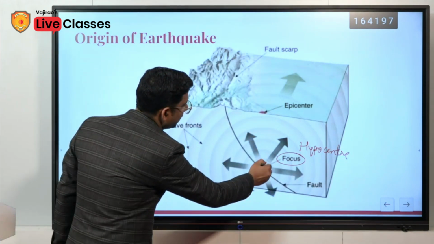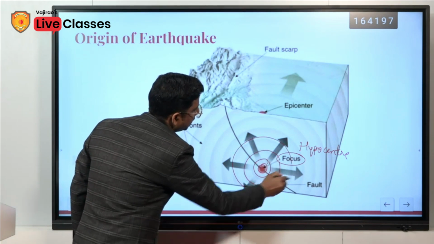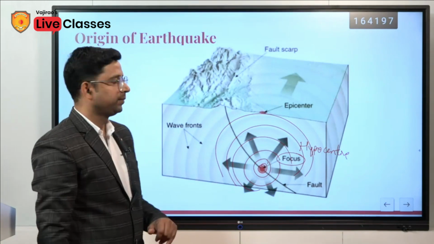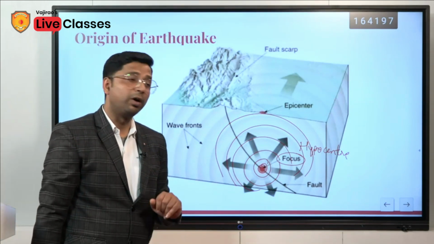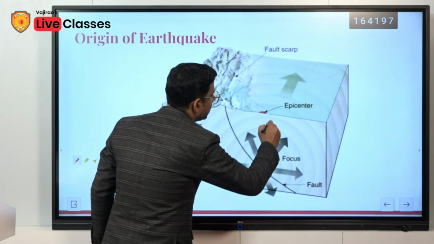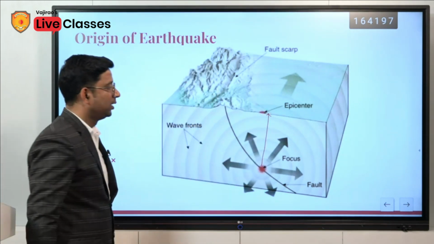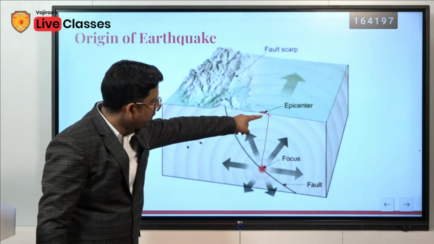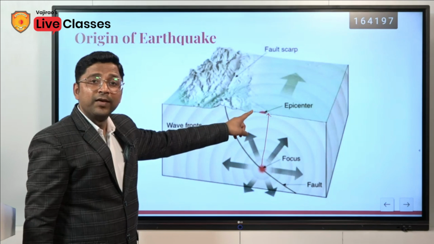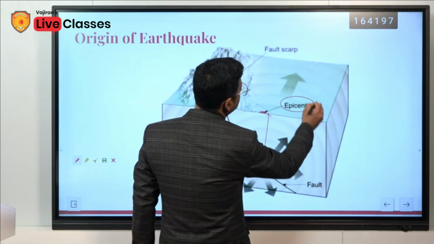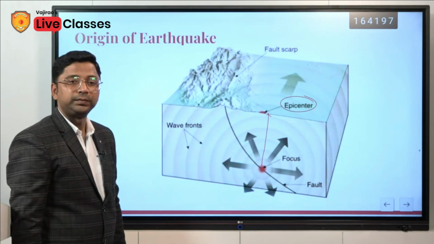Now from the focus, what happens? There are various waves, as you can see in this figure, that travel in all directions. The point on the surface of the earth perpendicular to the focus is where earthquake waves reach first. This point is called the epicenter.